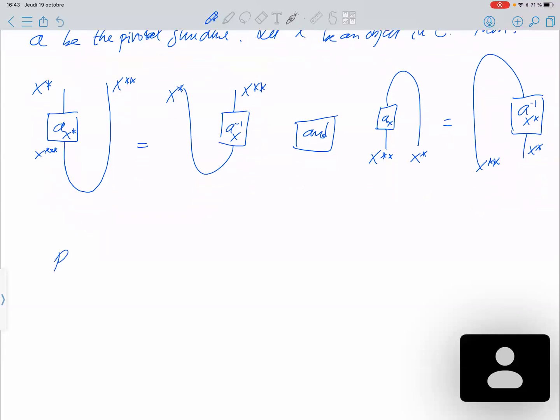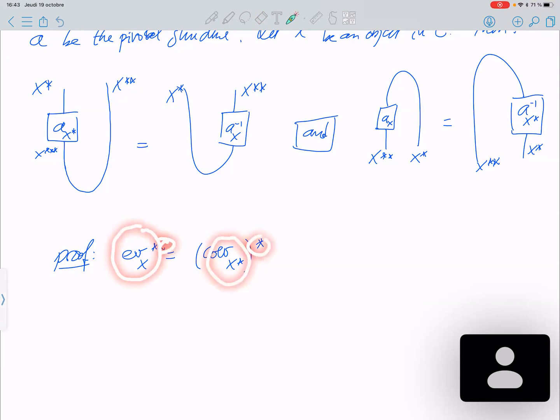Okay, proof. The evaluation map double star is the co-evaluation map of X star star. Wait, one too much. So you consider the evaluation map star, you have that, and then you add this extra star. And you apply again this lemma to the evaluation of X double star.